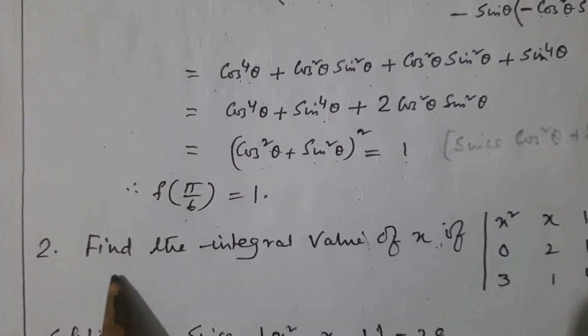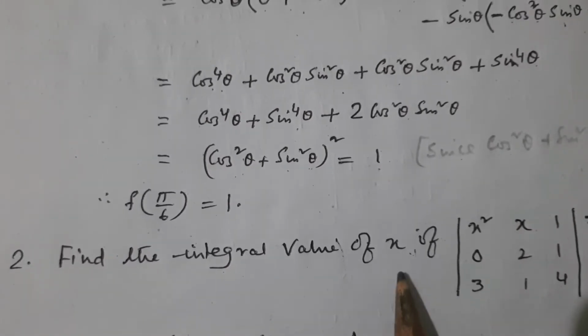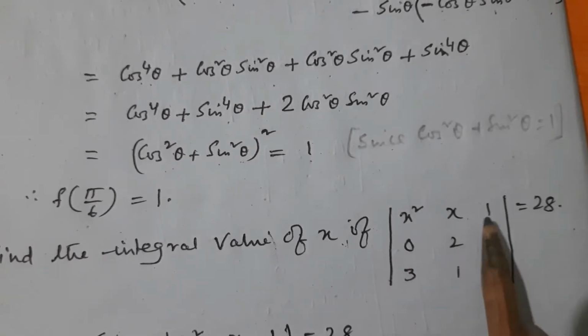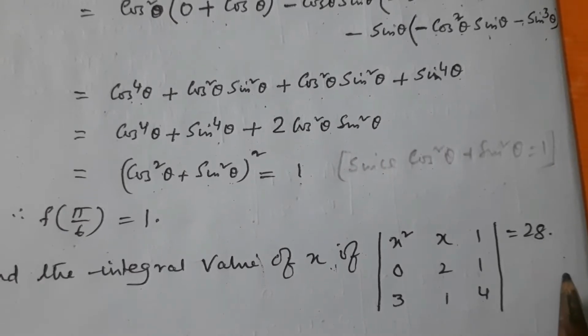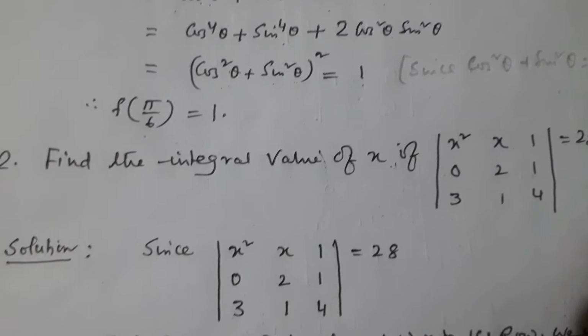Next question. Question number 2. Find the integral value of x if the determinant x square, x, 1, 0, 2, 1, 3, 1, 4 equals 28. Solution.